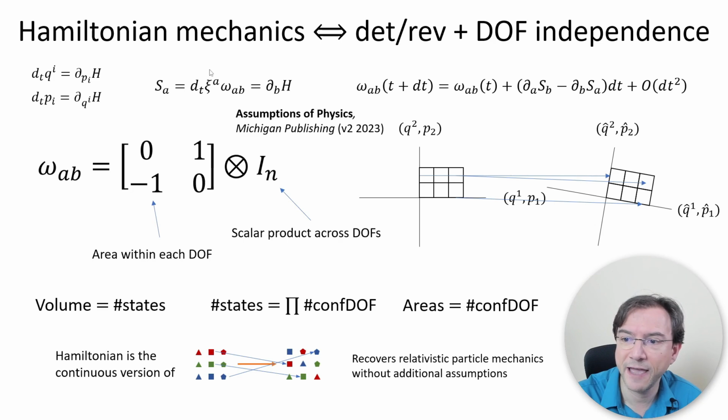And so we have the derivative in time of the position and momentum multiplied by this omega AB, which we can think of essentially as a big matrix that changes the Q into P and the P into minus Q. This matrix applied to the displacement field gives you essentially the gradient of a Hamiltonian.